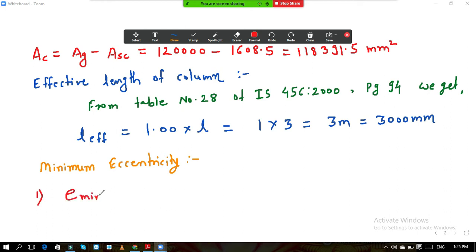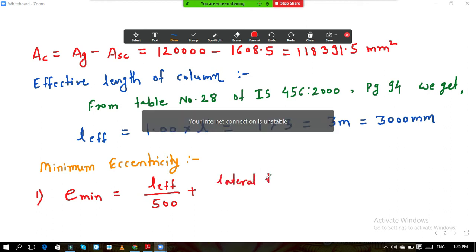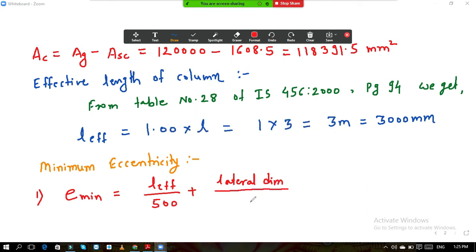E minimum is equal to L effective divided by 500 plus lateral dimension, that is you can take here D or B, divided by 30.